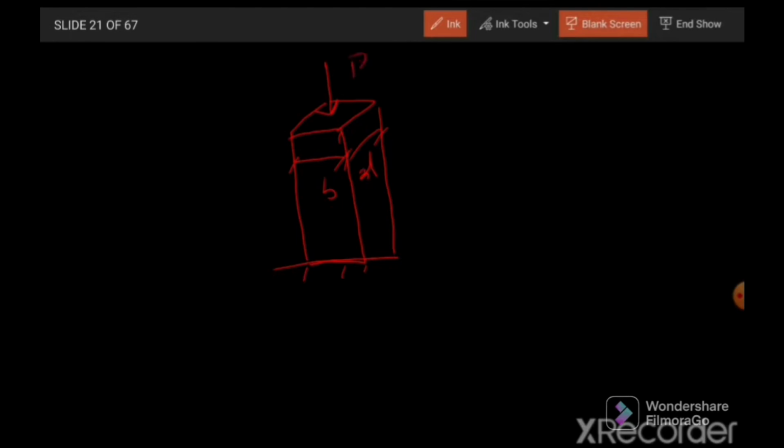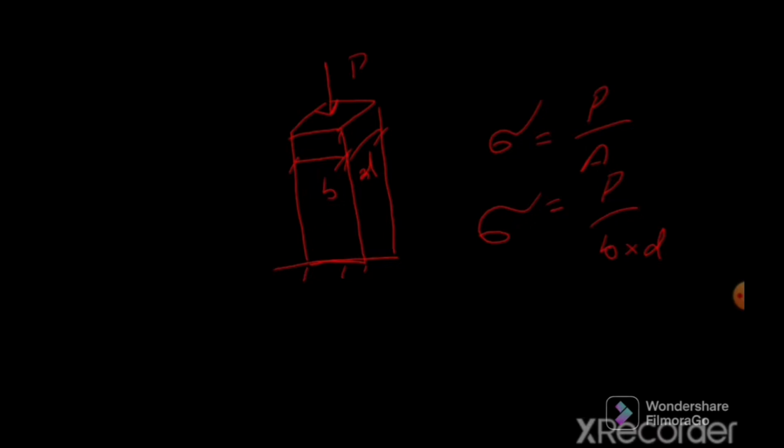Under the application of load P, what will be the stress in that column? We will calculate the stress sigma equal to P over A, or P divided by B times D. This type of analysis is termed as stress analysis. We have calculated the stress due to the application of load.